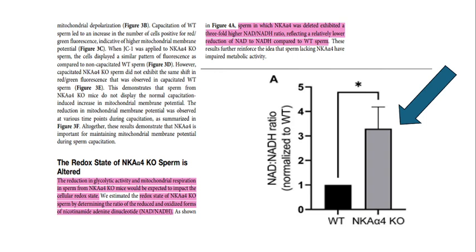We see here also the redox state of sperm is really altered. In these graphics, they show that the NAD and NADH ratio is really higher in the knockout rats.